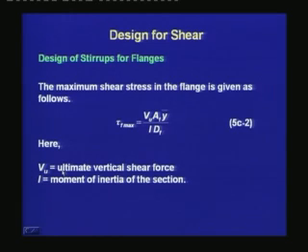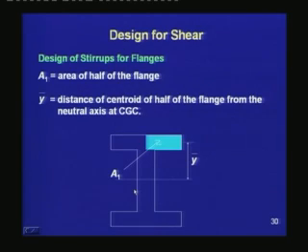Here Vu is the ultimate vertical shear force, I is the moment of inertia of the section, A1 is the area of half of the flange, y bar is the distance of the centroid of half of the flange from the neutral axis at CGC.